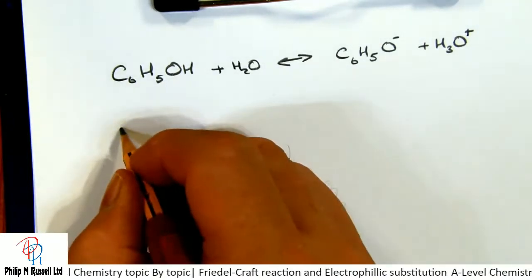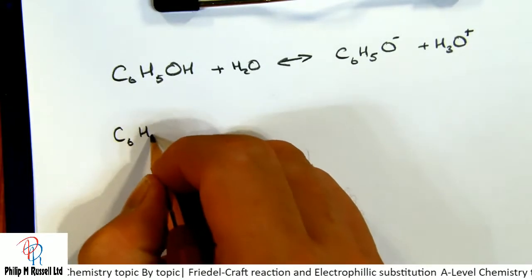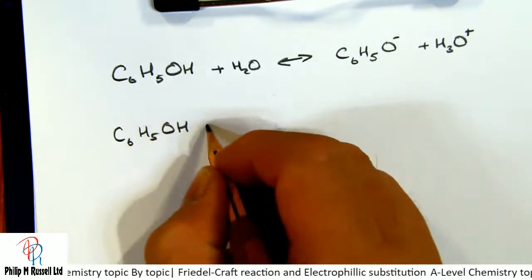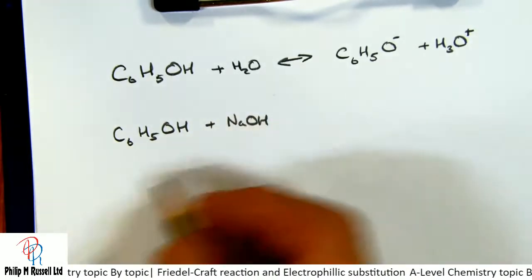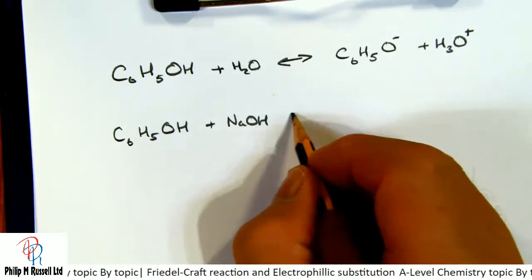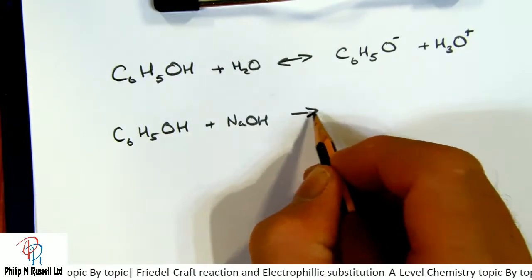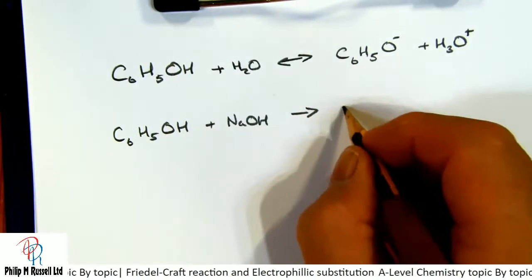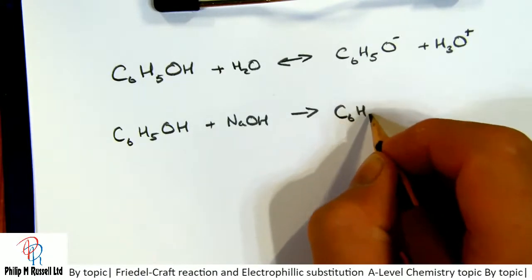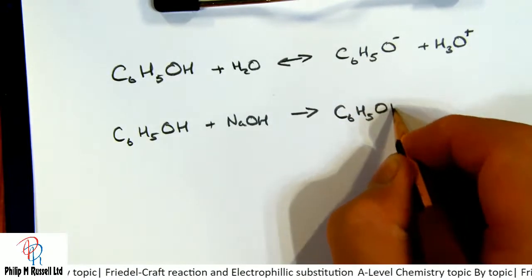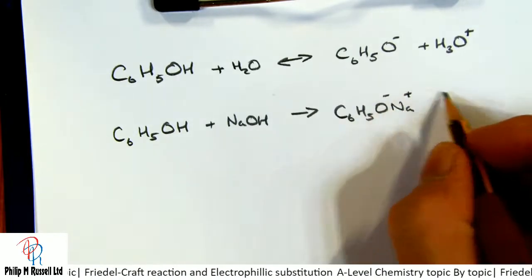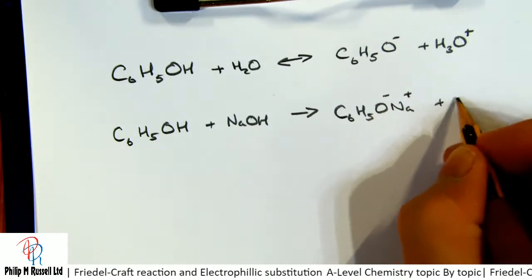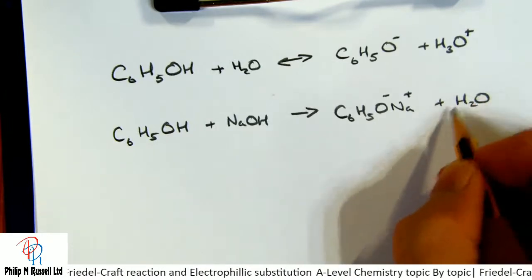If I react my phenol with something like sodium hydroxide, then what we're going to get is my salt, C6H5ONa, so this is going to be O minus Na plus, and again plus water.